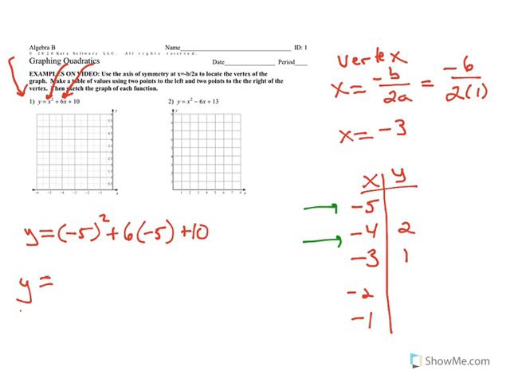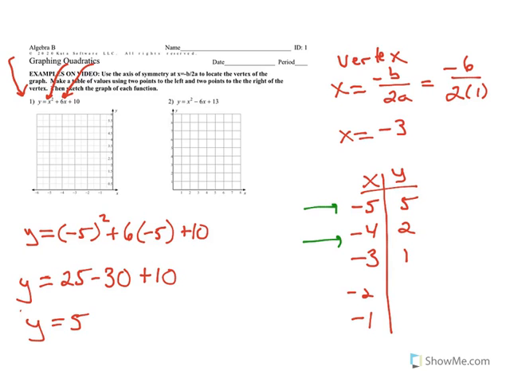So y equals -5 squared, that should be positive 25. 6 times -5 is -30 plus 10. And 25 minus the 30 plus the 10 should get you 5. So there's our third point.